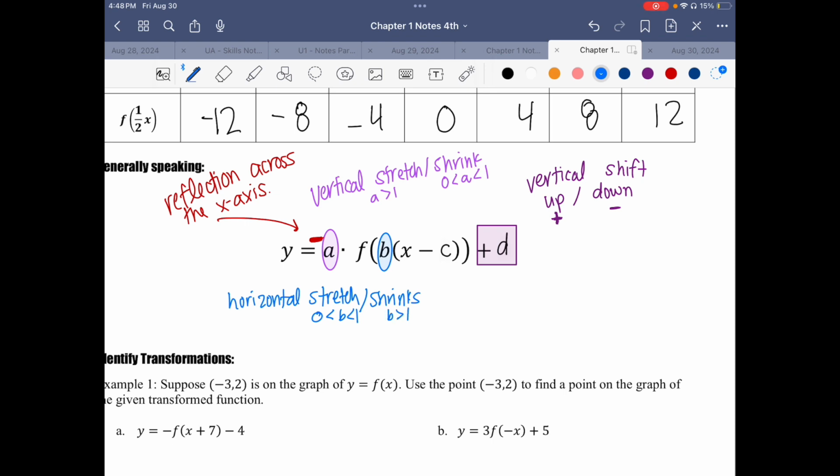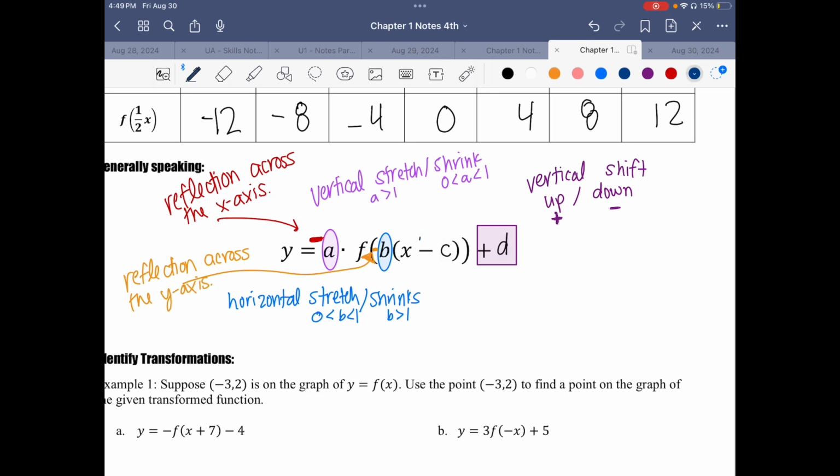And again, that's the opposite of these. I want you guys to notice those are opposites. Okay. And of course, these ones could also have a reflection, but it is treated completely independently. So if there's a negative with B, then it is a reflection across the y-axis.